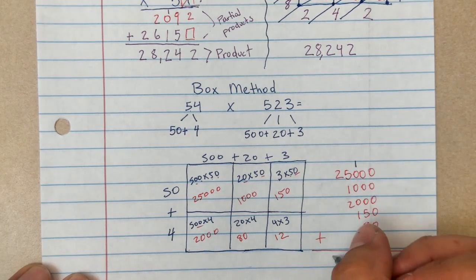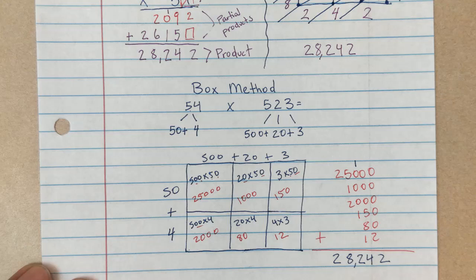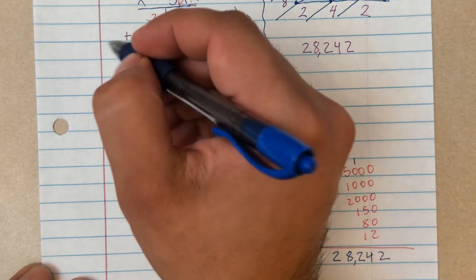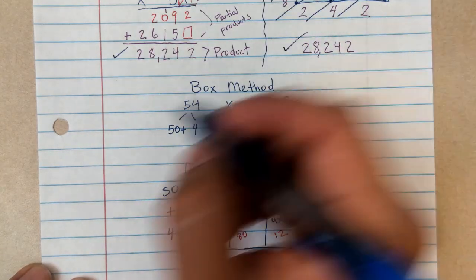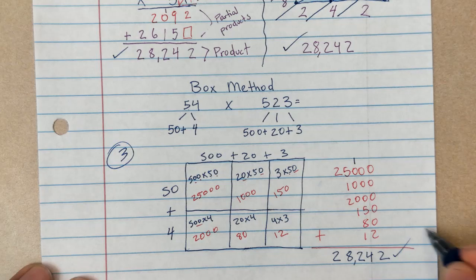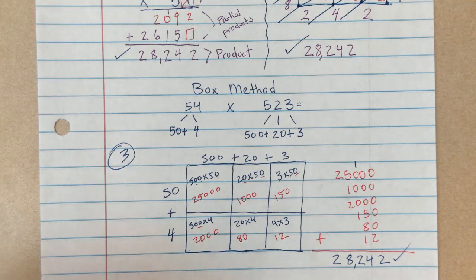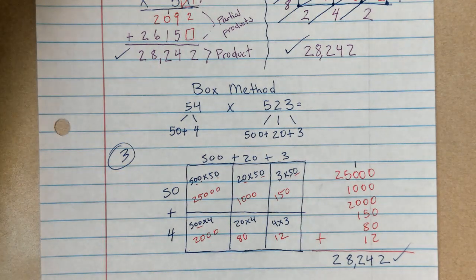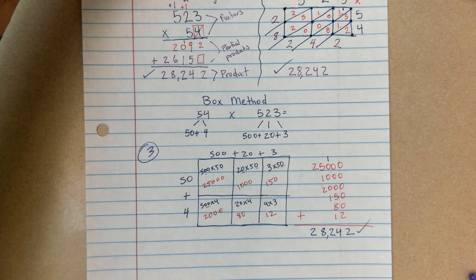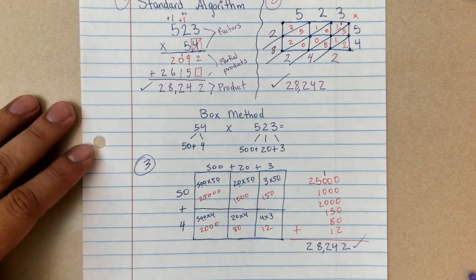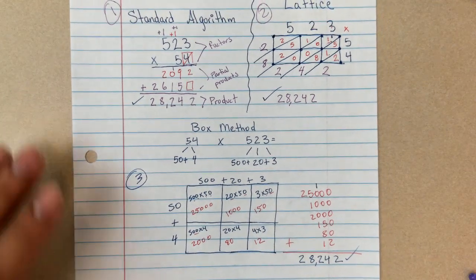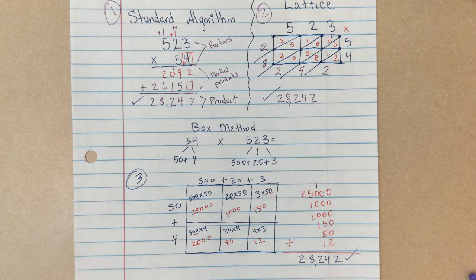And then bring down the 2. And that's my product. And now you can see that strategy 1, strategy 2, and even strategy 3 have all the same product. So it doesn't matter which one makes sense to you, as long as you get to pick one that you can feel comfortable with to solve whole digit multiplication.